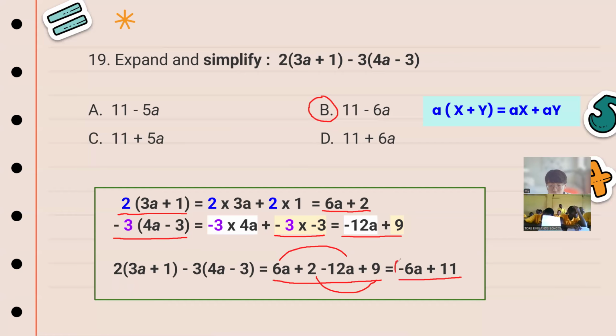That's why we get negative 6a plus 11, which is B. The key part of this problem was that negative 3 times negative 3 equals positive 9. That's why we get this answer.